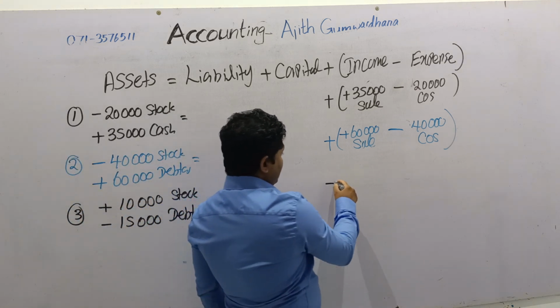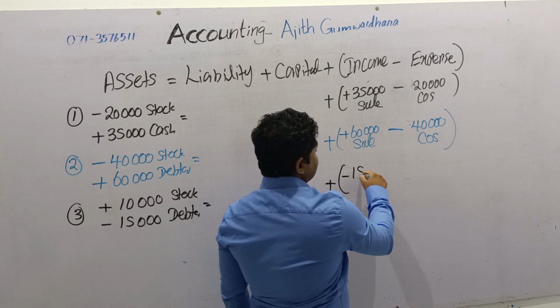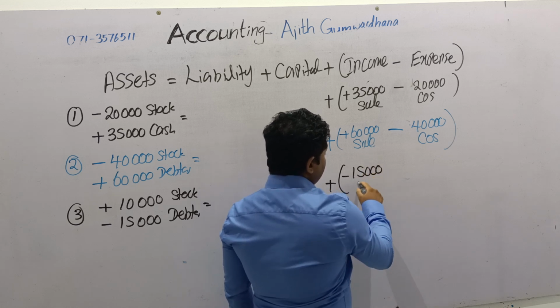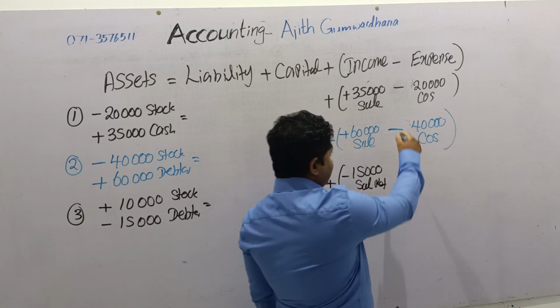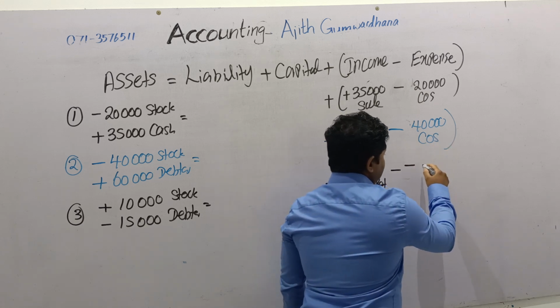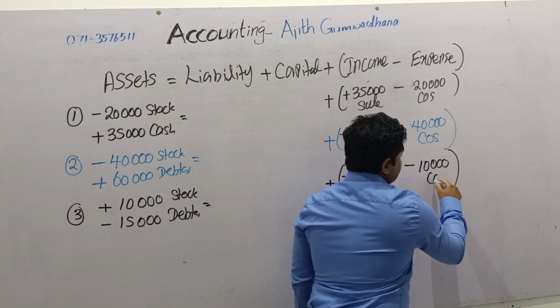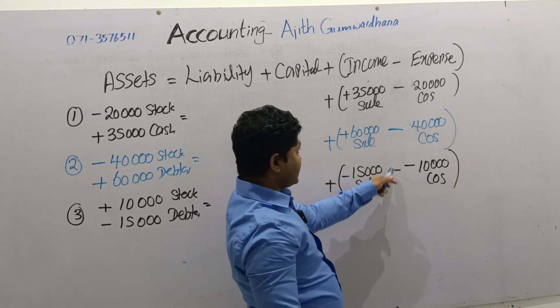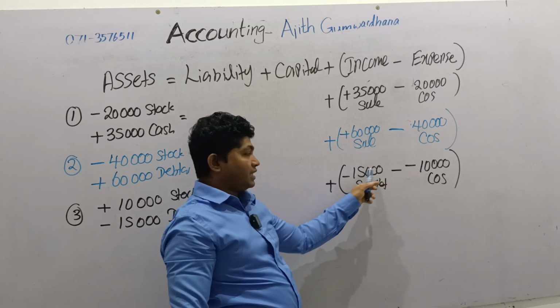And think income now. Effect for income decrease 15,000. Difference value cannot be recorded as a sales return. Think here minus. Expense also decreased by 10,000. Effect for expense decrease as a cost of sales. This is the general minus, but effect for expense decrease, income also decrease.